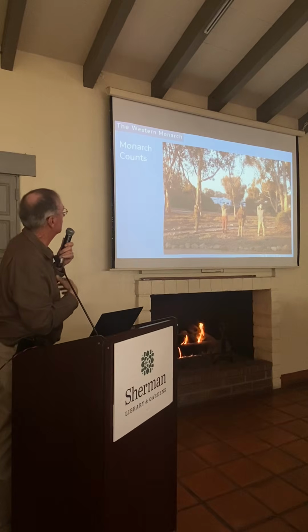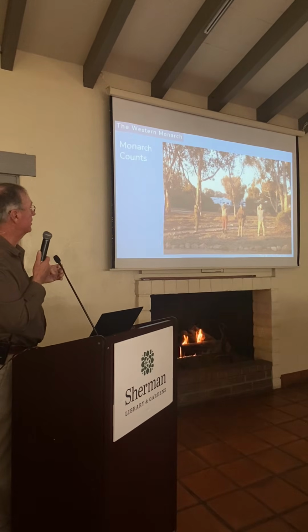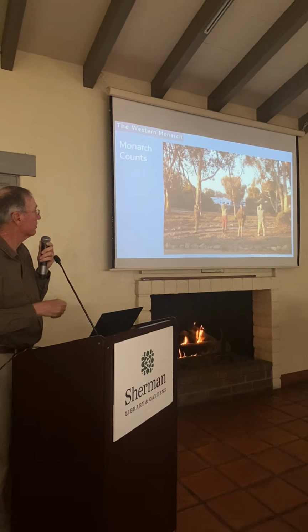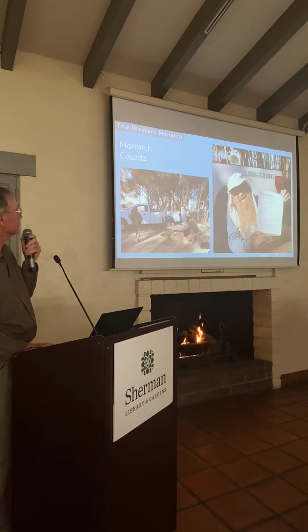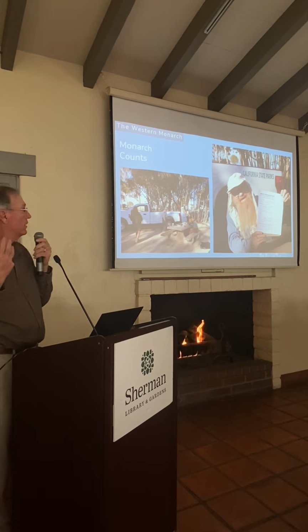So here we are at the San Clemente State Park, one of those spots that I showed you, at this particular location where we've had historical monarch overwintering, and those are some of the volunteers who helped us doing that particular survey. This was at a state park, so we had 3 biologists from Cal State Parks helping us.